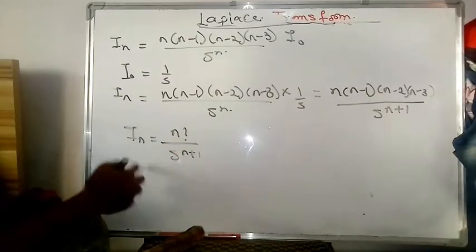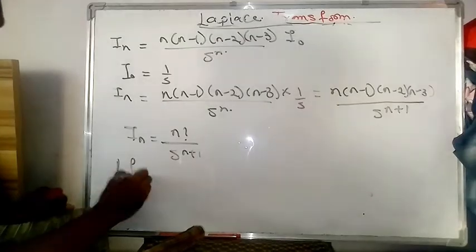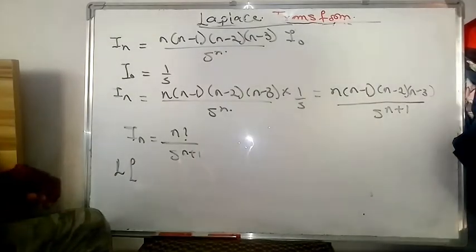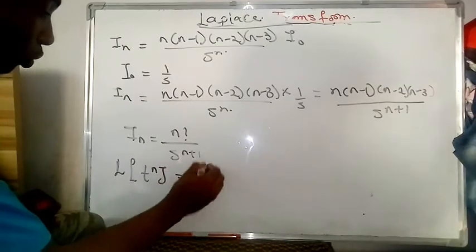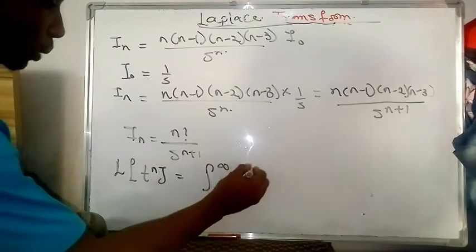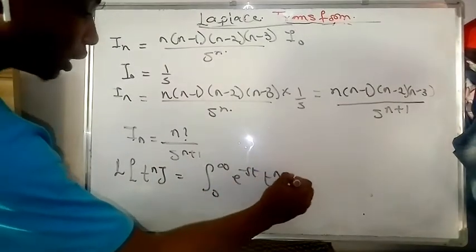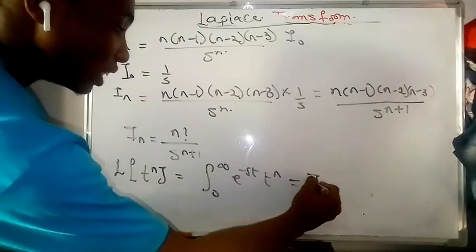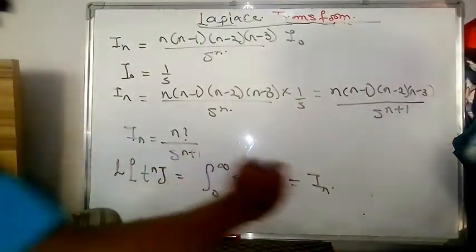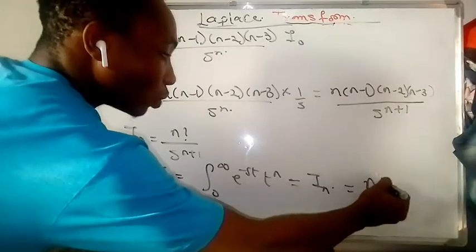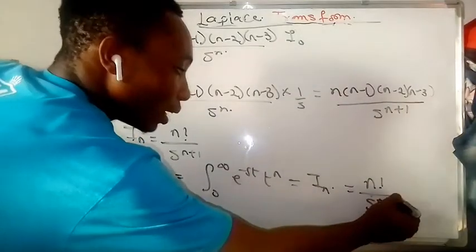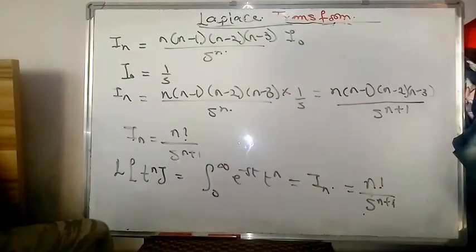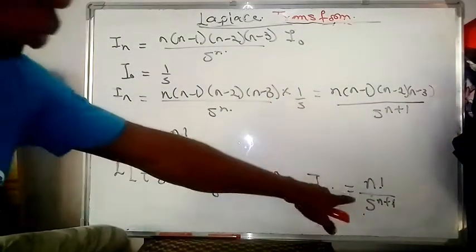So the Laplace of t raised to power n, which is equal to the integral from 0 to infinity of e to the power of minus s t times t raised to power n, which is also equal to I subscript n as we assumed, is equal to n factorial divided by s raised to power n plus 1.